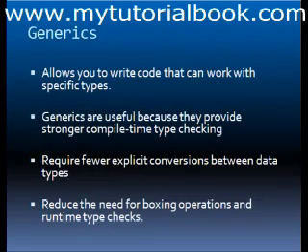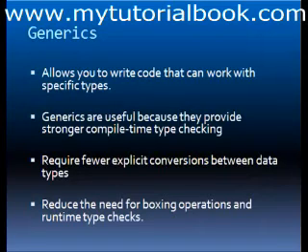Essentially, generics allow you to write code that can work with a specific type. They are useful because they provide stronger compile time type checking than was available in the previous System.Collections namespace, since that dealt with the type object, so it did not distinguish at compile time if the right type had been stored in the list or collection.